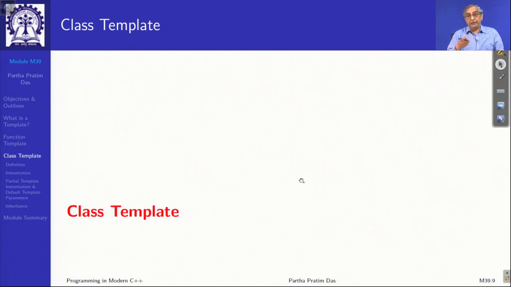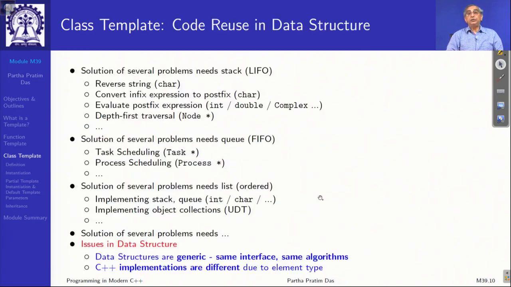Class template is designed to solve similar problems in similar situations, like the function template. For example, solutions of several problems need a stack, a last in first out container structure, for reversing a string or converting infix expression to postfix, or evaluating a postfix expression, which could again be done for integer, double, complex and so on.